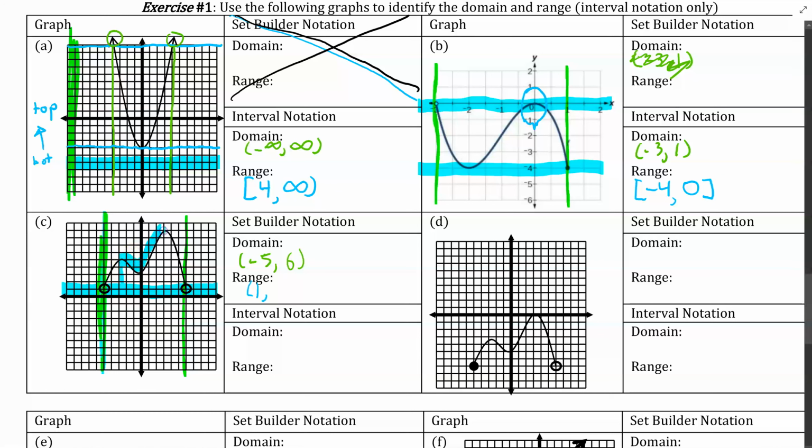And you don't stop touching the graph anywhere until you get to this point that I just filled in. And that has the y value of 1, 2, 3, 4, 5, 6, 7, 8, 9. And so the range stops at 9. And because it's filled in, we use a bracket. Again, I realize that that answer should actually be down there.